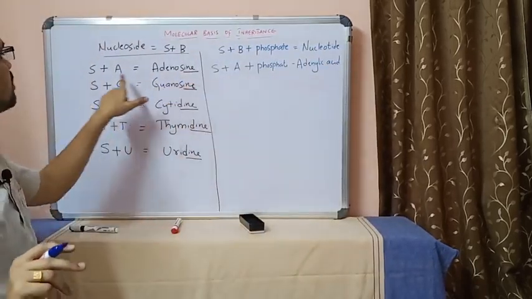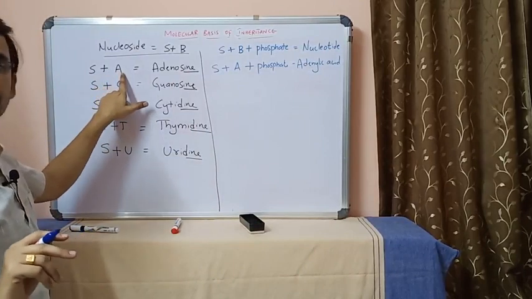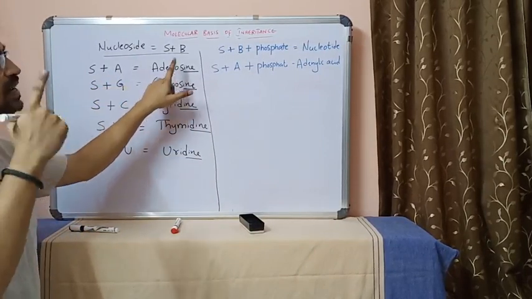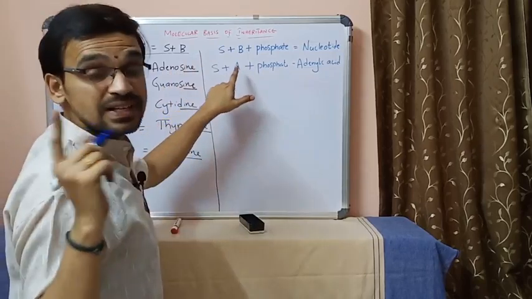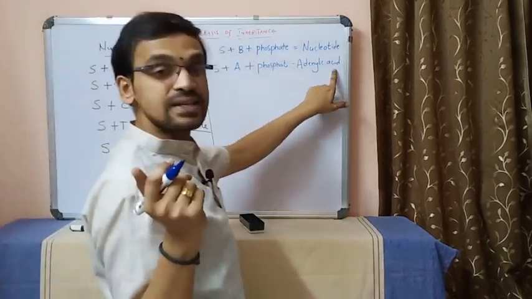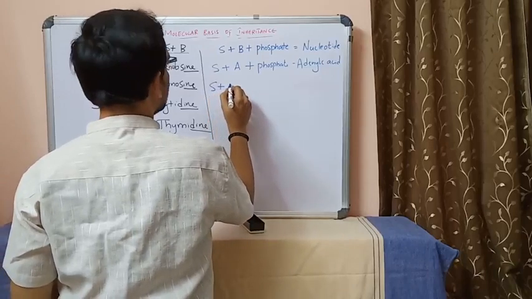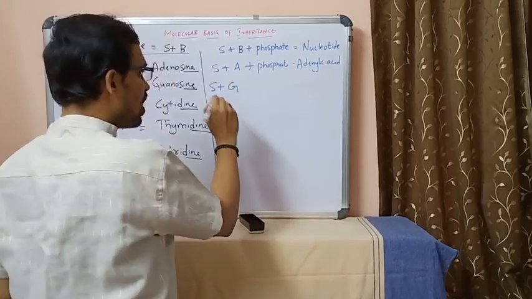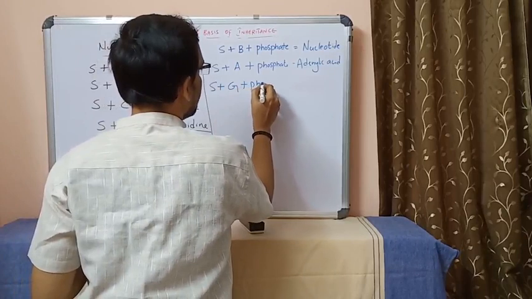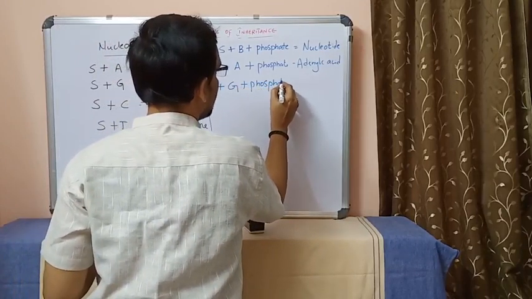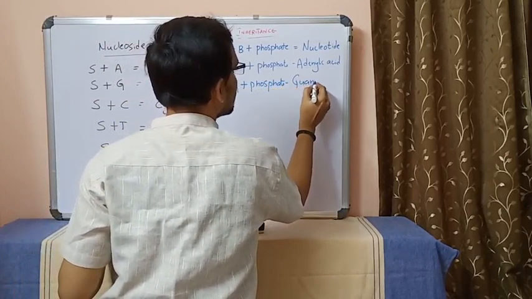If phosphate is absent, only sugar and adenine is there, then it is called adenosine. If phosphate is there, phosphate is nothing but phosphoric acid. That's why you are adding the acid here. Adenylic acid. Next, sugar plus, if the base is guanine and phosphate, it is called guanylic acid.